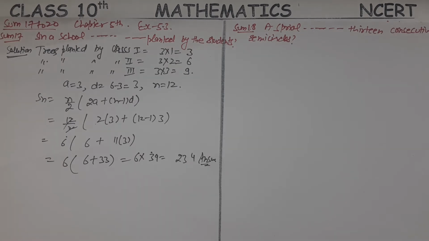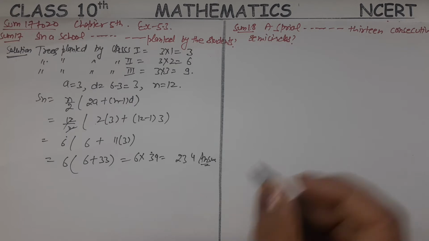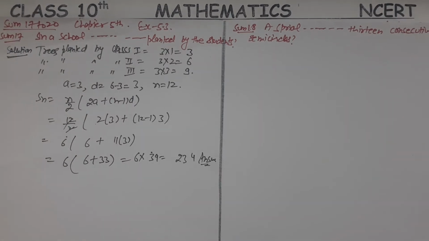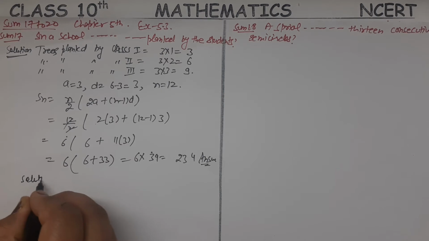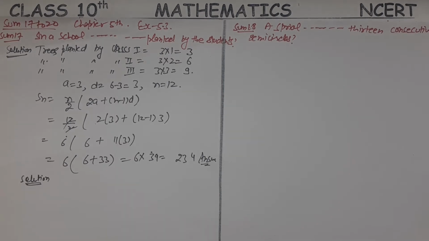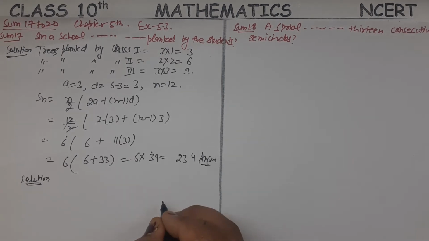A spiral is made up of successive semicircles with centers alternately at A and B, starting with center A of radii 0.5. Let me make its figure here. Point A, semicircle.